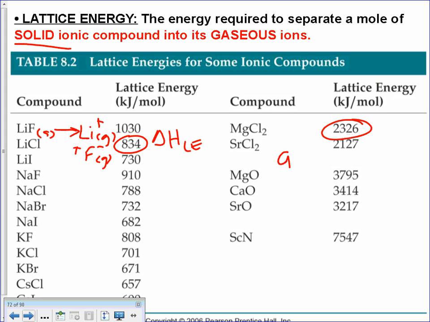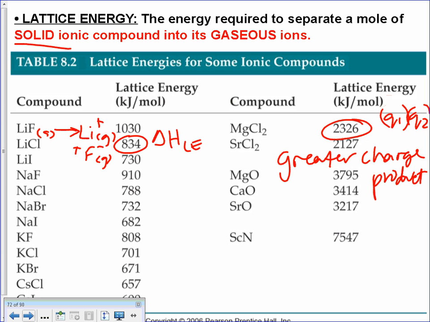Okay, so greater charge product, because what's product mean in math terms? Multiplication. So charge product literally means to multiply the charges, like we did with the Q1 times Q2. That's what that's referring to, charge product.